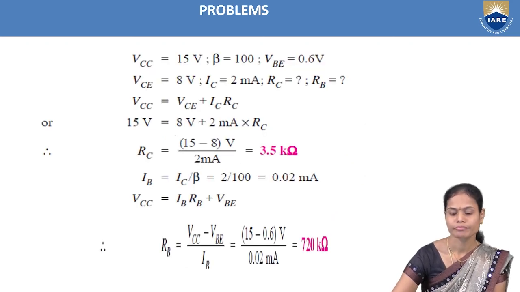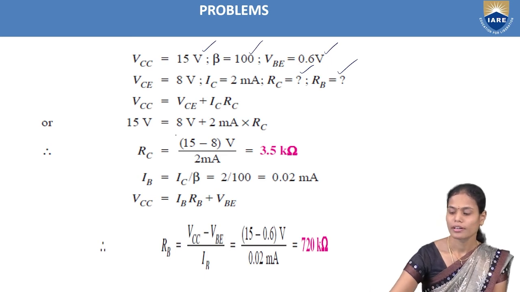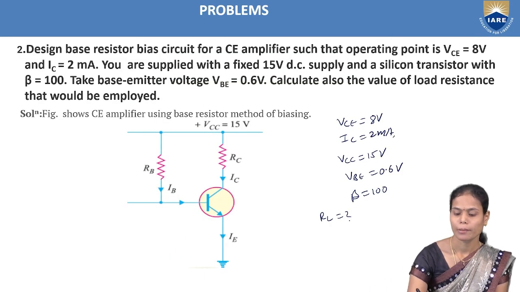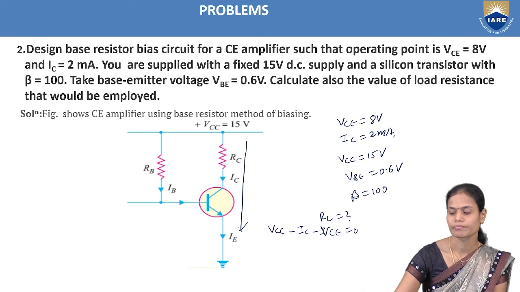So these are the given values: VCC equal to 15 volts, beta equal to 100, VBE equal to 0.6 volts, and we need to find the RC and RB values. So for that, I am applying KVL to the outer loop of the circuit, that is VCC minus ICRC minus VCE equal to 0.